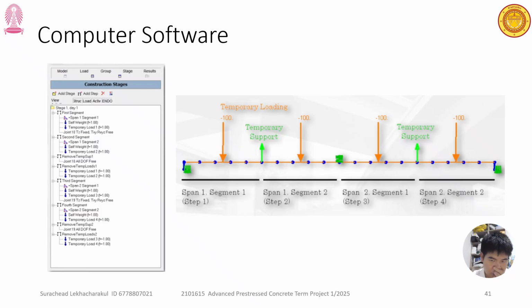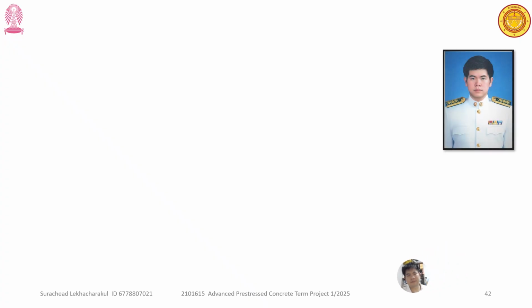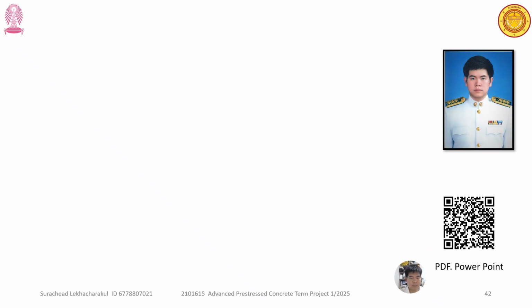After this, go to span 2 segment 1 in step 3 and span 2 segment 2 in step 4. It looks like this. Only one step at day 1, and many steps. I give you only an example because I'm running out of time.